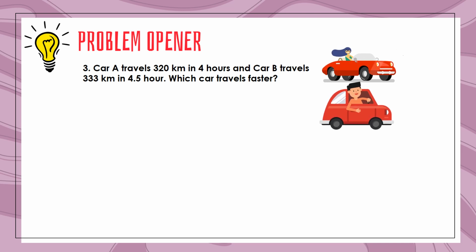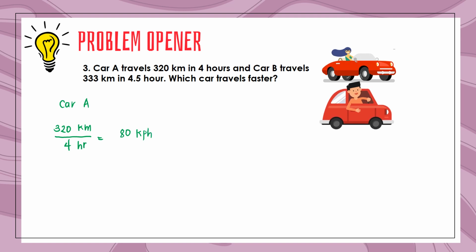So let's have car A in here. Let's divide 320 kilometers by 4 hours. 320 divided by 4 will be 80. 80 kilometers per hour.